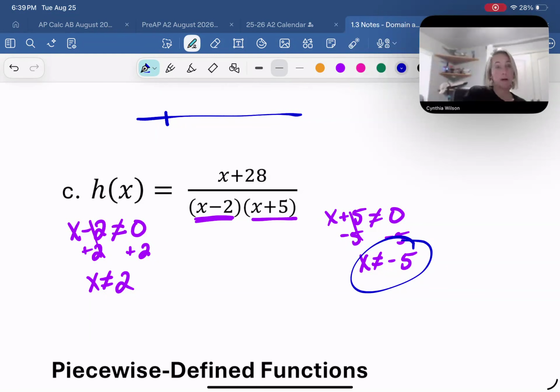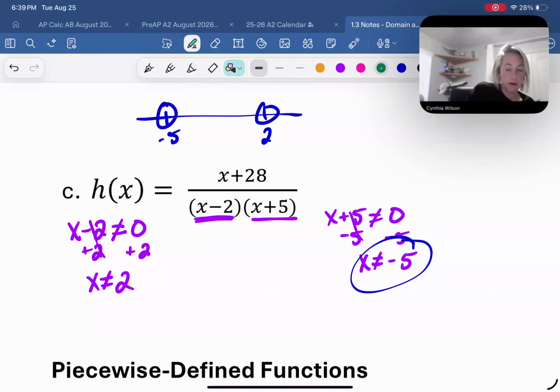All right, so going back to my number line, the smallest x that it can't be is -5. The bigger x is 2. Okay, I'm excluding them, so open dots. But guys, those are my only excluded values. So unfortunately, what that means is you have 3 intervals.